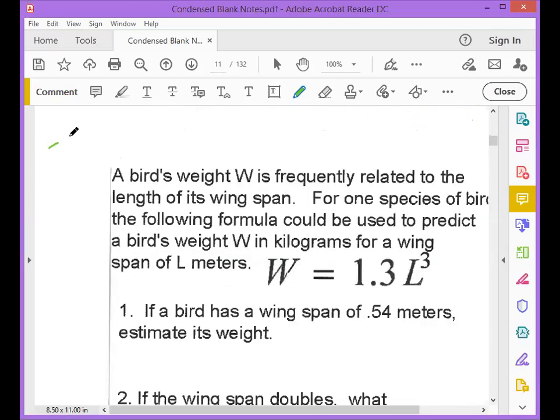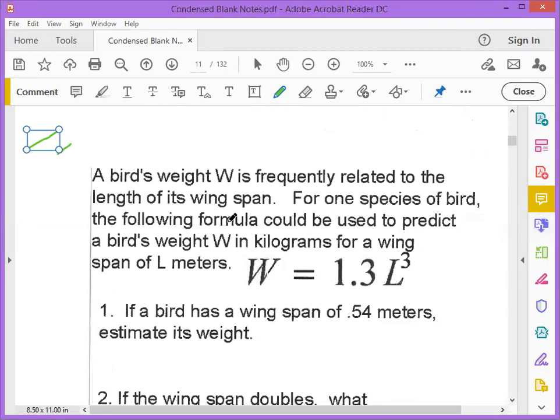A bird's weight, W, is frequently related to the length of its wingspan. That's how far the wings go from one side to the other. For one species of a bird, the following formula could be used to predict a bird's weight, W, in kilograms for a wingspan of L meters.